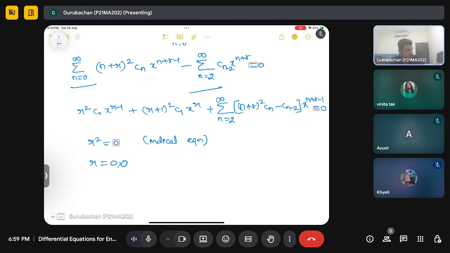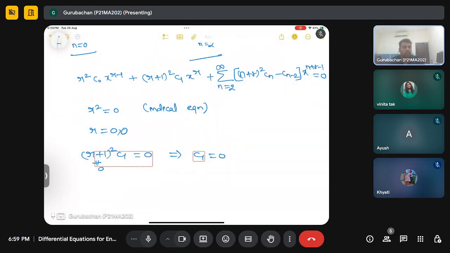The next term will give you (r plus 1) whole square c1 equal to 0. Clearly this is a non-zero quantity, so this will imply c1 is 0. Now the third term will give you the recurrence relation.